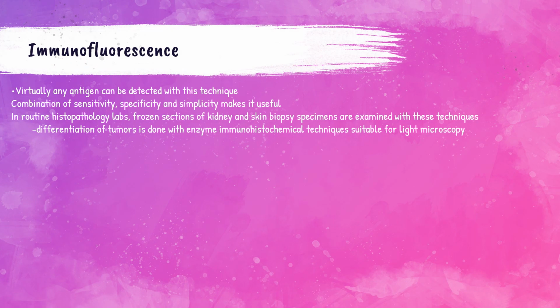All antigens can be detected with immunofluorescence. This method is very sensitive, specific, and very simple. In most histology laboratories, skin biopsies and frozen kidney specimens are examined with this technique. Tumor differentiation is performed usually with enzyme immunohistochemical techniques with light microscopy. We'll talk about enzyme immunohistochemistry on the next slide.